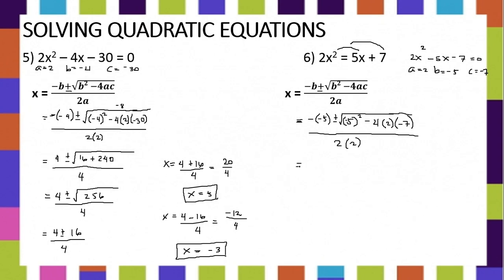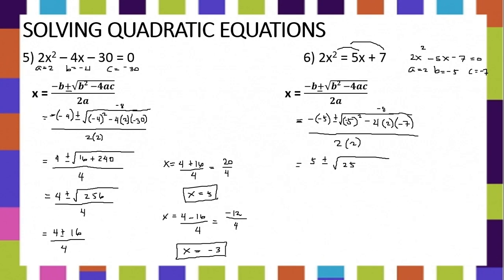Okay, simplify. Negative times negative 5, that will be positive 5. Okay, positive negative square root. Negative 5 squared, negative 5 times negative 5, positive 25. Okay, negative 4 times 2, negative 8.